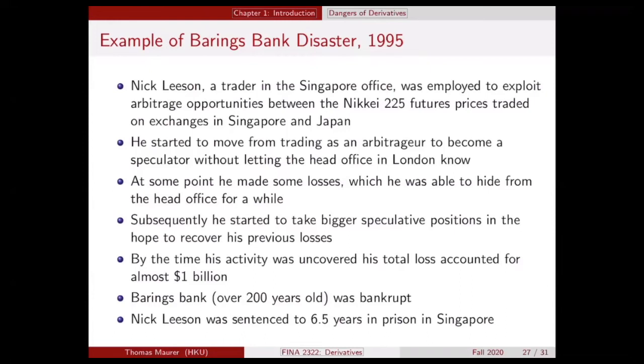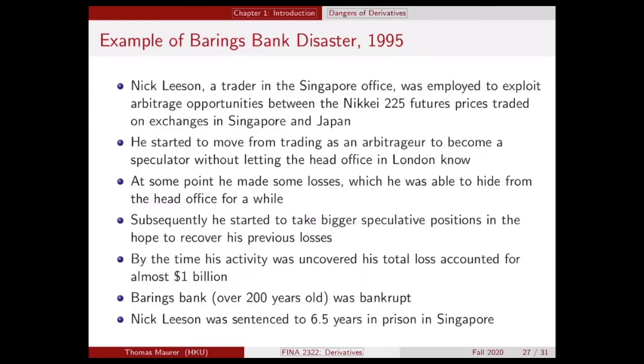That bank was more than 100 years old, and they employed a trader called Nick Leeson, who is actually from Ireland, but they sent him to their Singapore office, which at that time was very tiny. It basically just consisted of him and some support staff, which were basically just under his supervision.